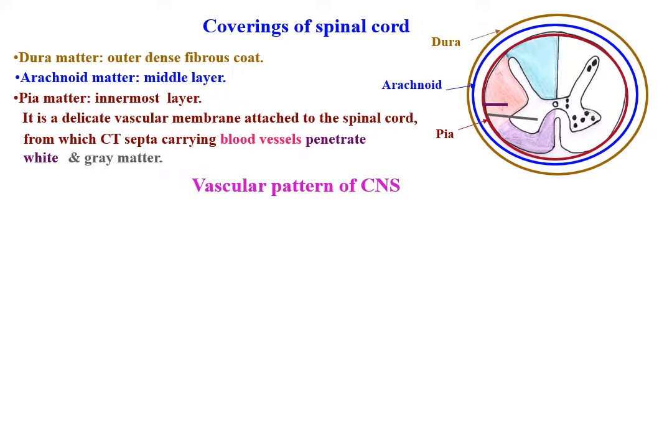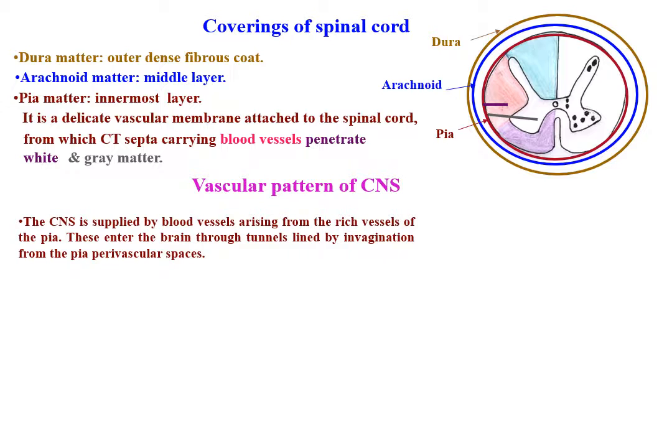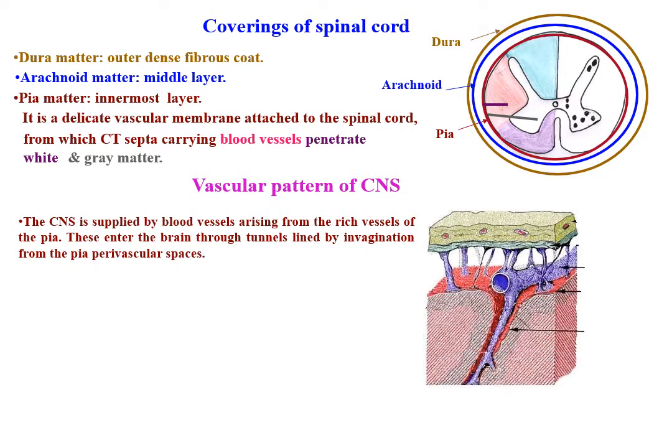Vascular pattern of the central nervous system. The central nervous system, CNS, is supplied by blood vessels arising from the rich vessels of the pia mater.